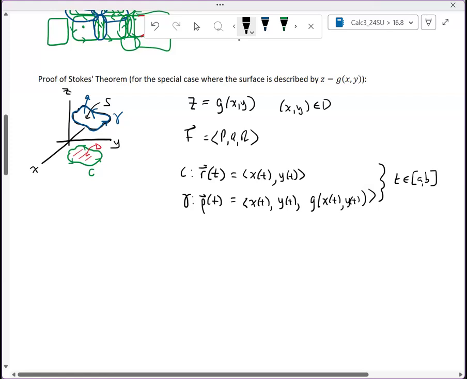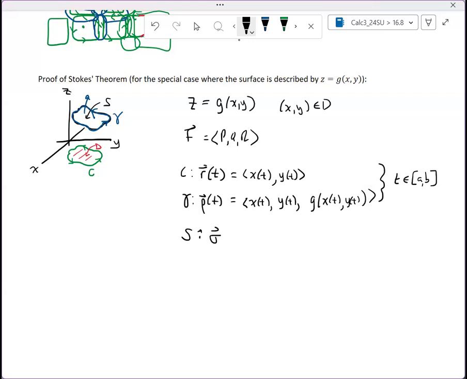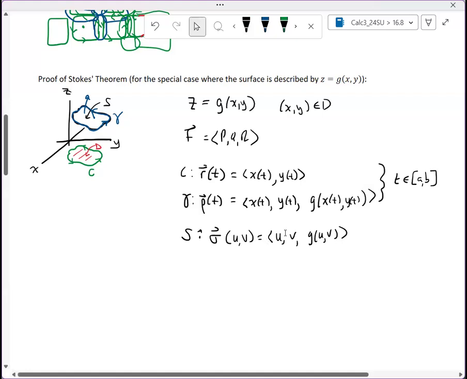Now for my two-dimensional structures, my surface, I can parameterize by, say, sigma of u comma v equals u comma v comma g of u, v. Note here that u and v can vary independently, whereas t is just t.